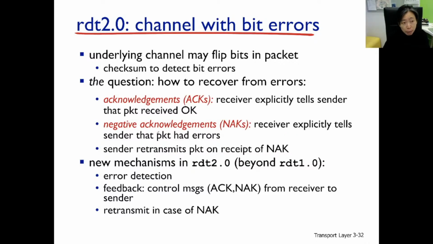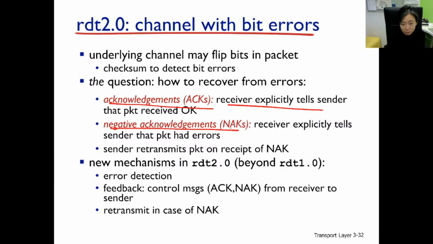So to describe RDT 2.0 a bit more formally, those feedbacks you're providing to me, in the computer system, will be either in this form or this form. Acknowledgement, there, is positive feedback. Negative acknowledgement, therefore, is negative feedback. Acknowledgements, or ACKs, are explicitly telling the sender everything is all right.